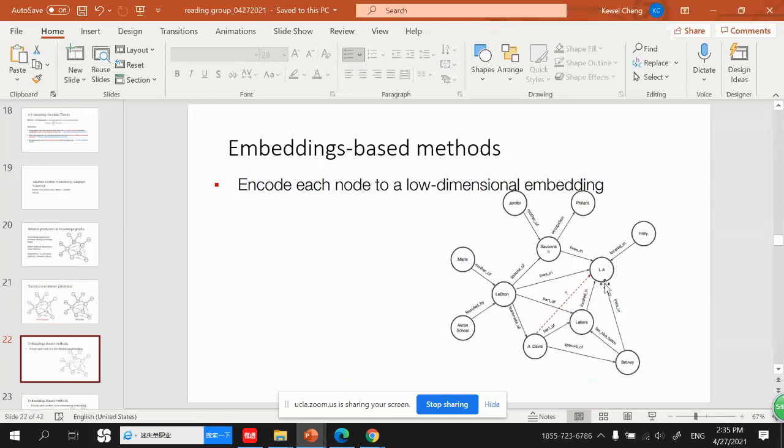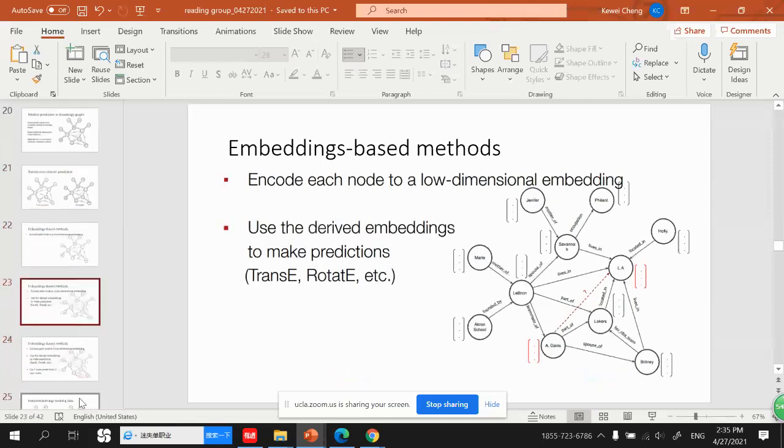So the basic idea is that they try to encode each node into a low dimensional embedding. For example, the representative methods include TransE and RotatE. With these embeddings, they can predict the link between two nodes by using the scoring function defined in different methods.